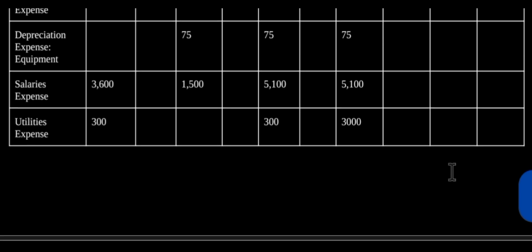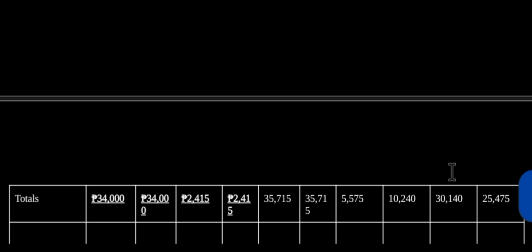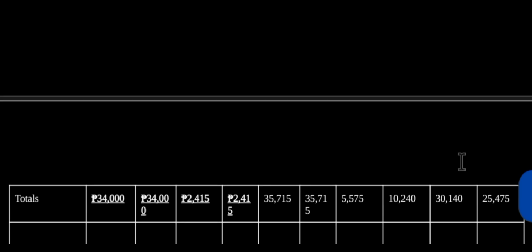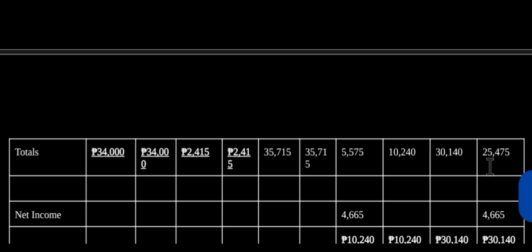So the total for the debit side of the balance sheet, we have 30,140. For the credit side, we have 25,475. So you can see it's not balanced.